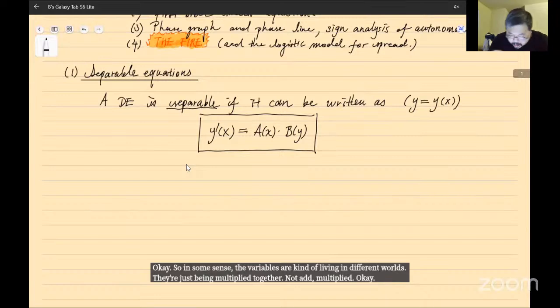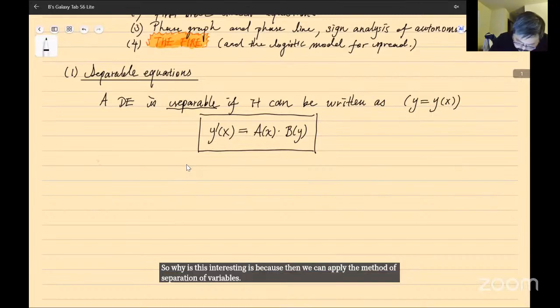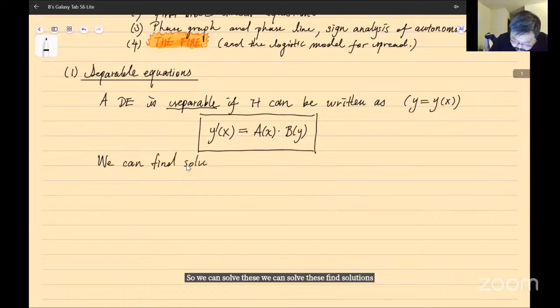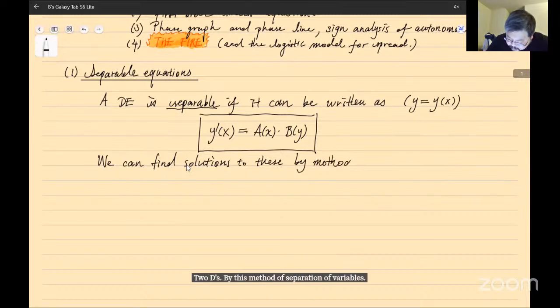So why is this interesting? Because then we can apply the method of separation of variables. We can find solutions to these by this method of separation of variables.